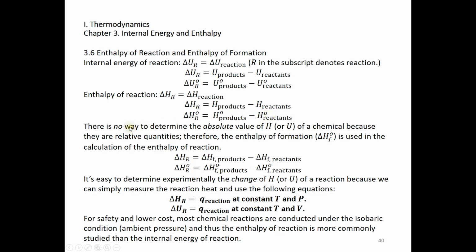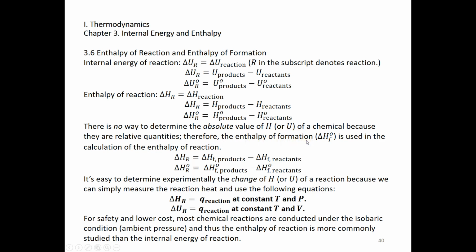Again, there's no way to determine the absolute value of enthalpy for any chemical because enthalpy is a relative quantity, and therefore we often define zero references. The enthalpy of formation of pure elements in their most stable state, if the pure element is also in the standard state at room temperature, we say they have a zero enthalpy of formation.